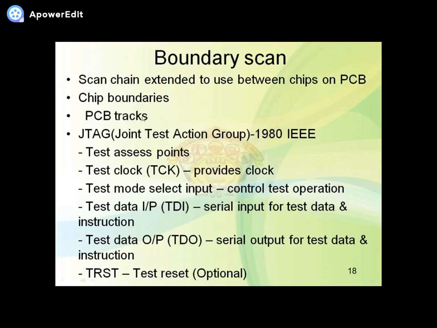The success of the boundary scan technique led to the formation of the Joint Test Action Group in the 1980s for standardizing boundary scan components and protocols. So the IEEE standard was generated by this Joint Test Action Group, JTAG.